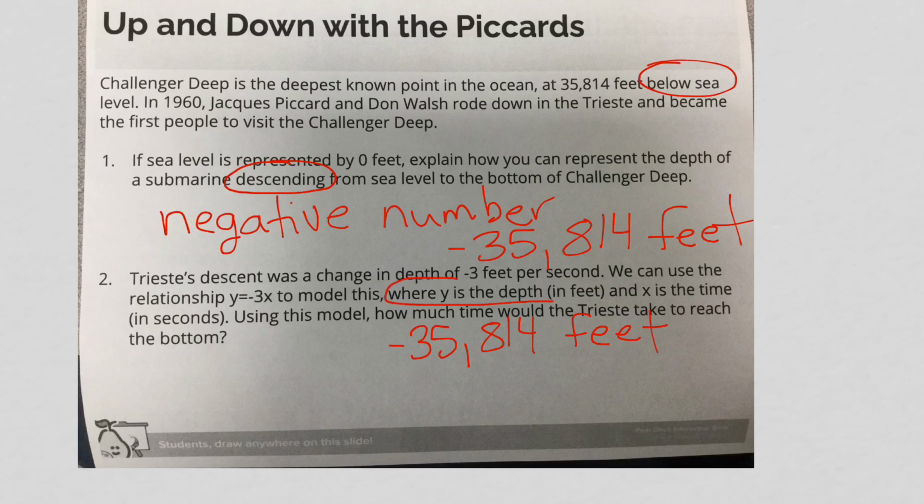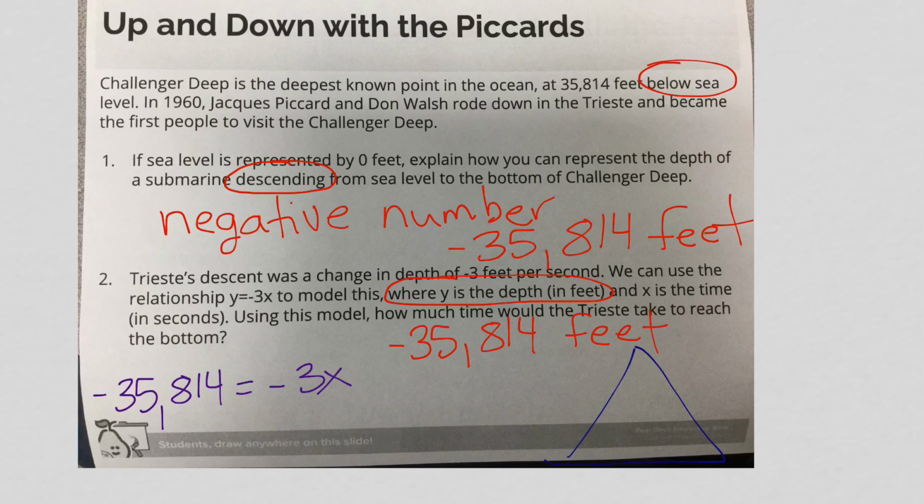y is representing the depth in feet. So we can rewrite this equation as negative 35,814 equals negative 3x. To solve this relationship, we can use a fact-family triangle or our knowledge of how to solve equations.